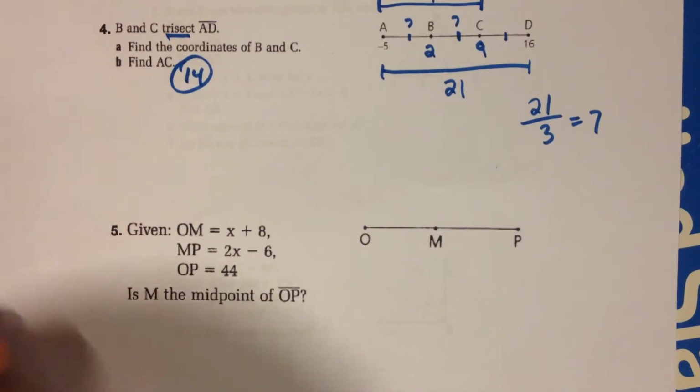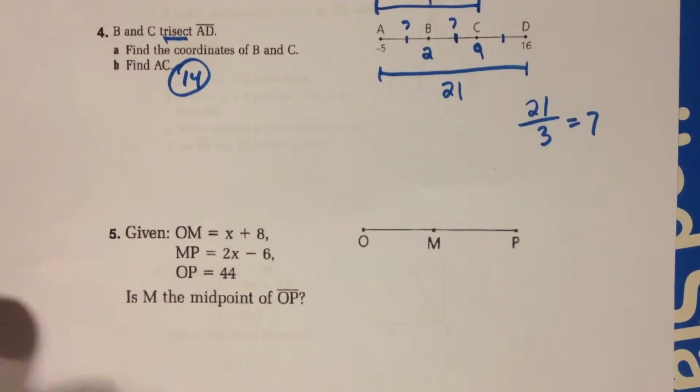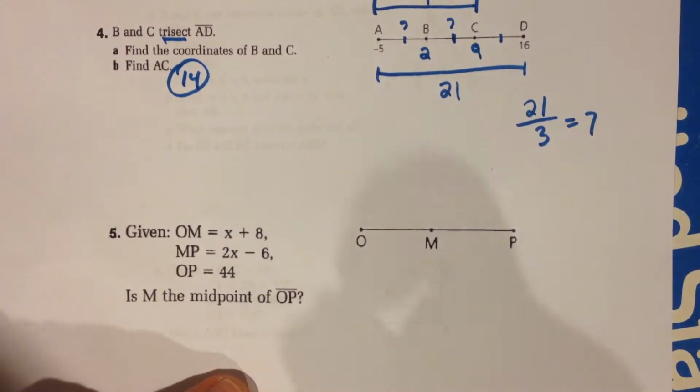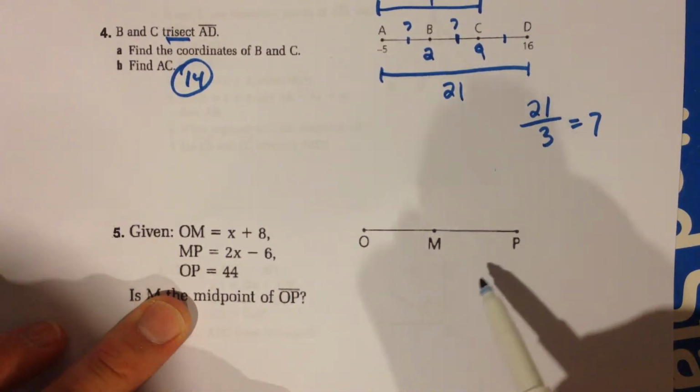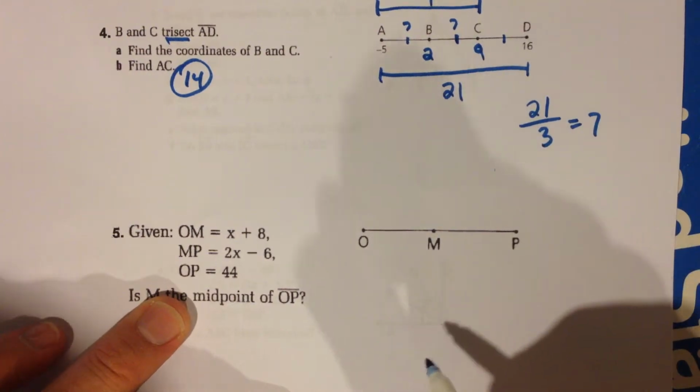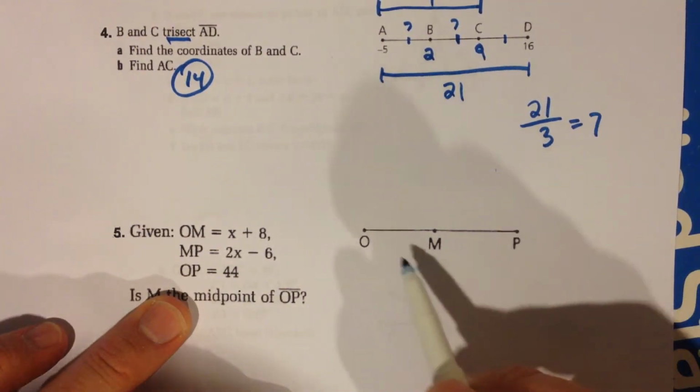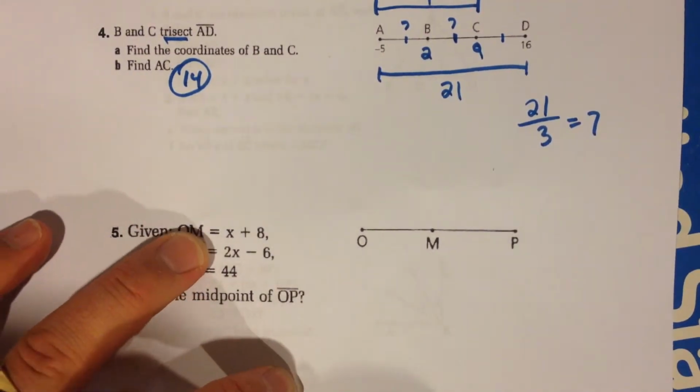Next problem here. It says, is M the midpoint of OP? You're not sure yet. It says OP is 44, and the only thing you know, a lot of you might say, oh, this looks like it's in the middle, so I can set these two expressions equal to each other.